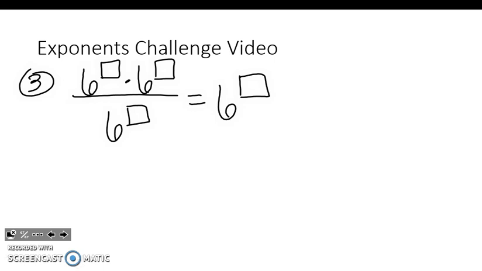But we're going to say that you need to figure out what this math problem would be using only these 4 exponents. So we're giving you the 4 numbers that we want you to use by filling them into these boxes, okay? But you have to get the correct answer. So it's not just a matter of putting them wherever you want. You have to put them into the right spots to get the correct answer.